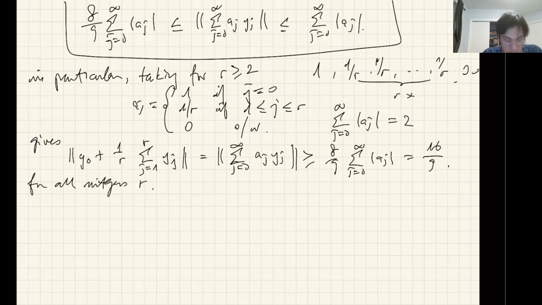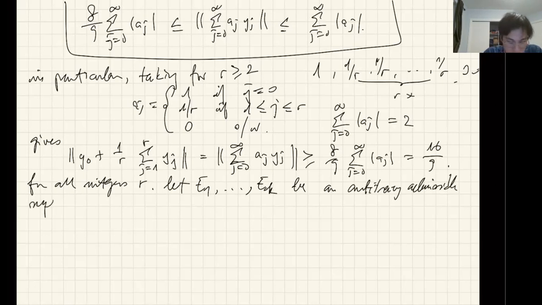Okay, so let E1 up to EK be an arbitrary admissible sequence. Let R0 be the support of Y0.